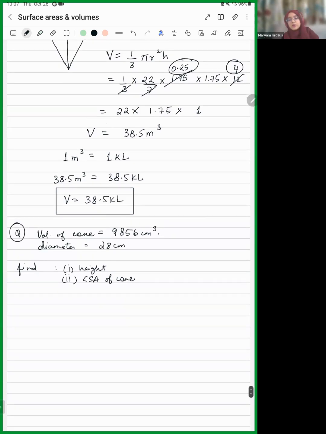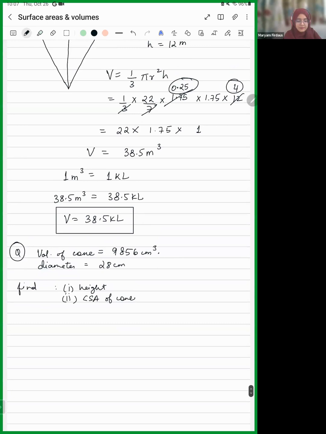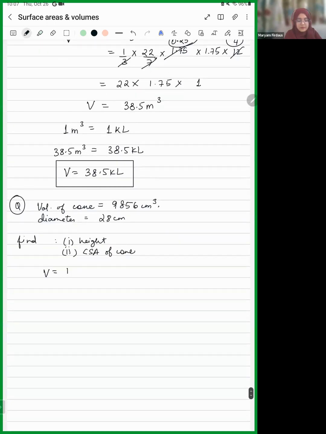Yes. What do we do here? Yes, Abdul Jabbar. You were saying. First, we use the volume formula, 1 by 3 pi r square h.